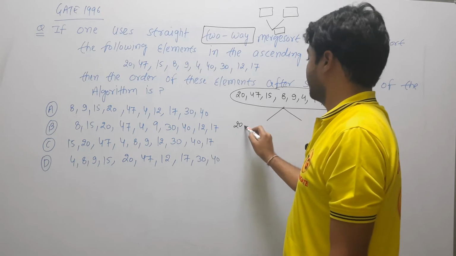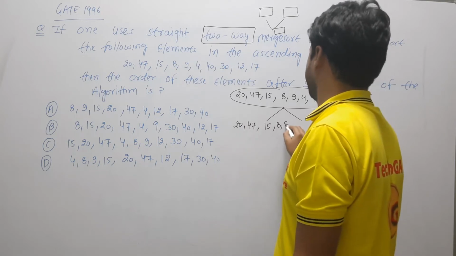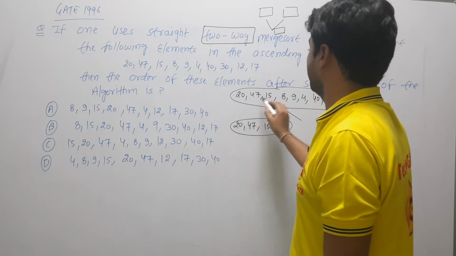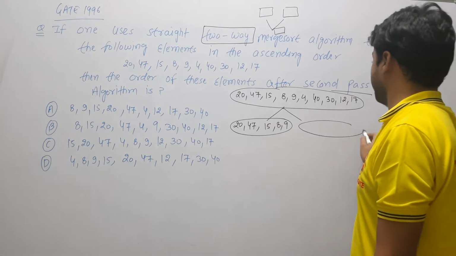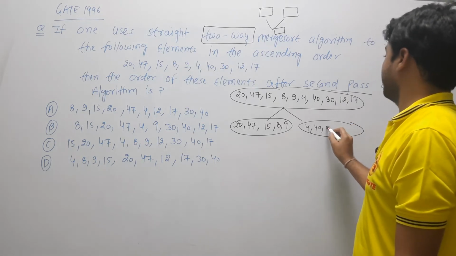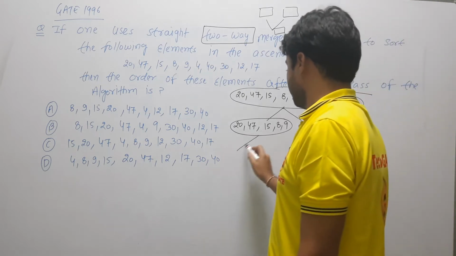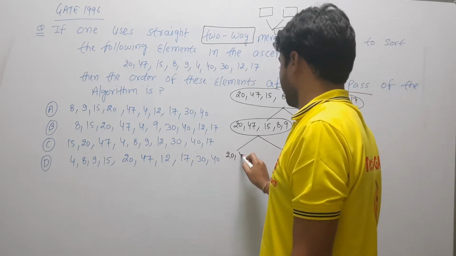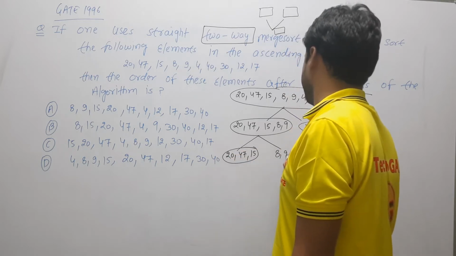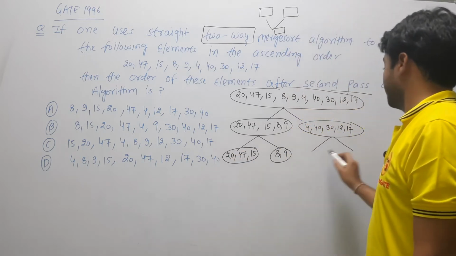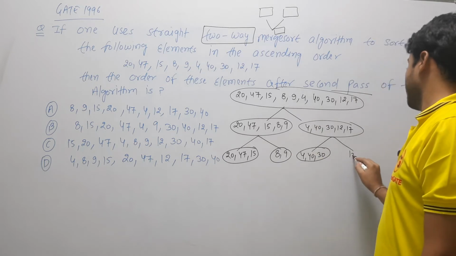How many elements are there? 1, 2, 3, 4, 5, 6, 7, 8, 9, 10. 5 elements this side and 5 this side. Here 20, 47, 15, 8, 9 and here 4, 40, 30, 12, 17.